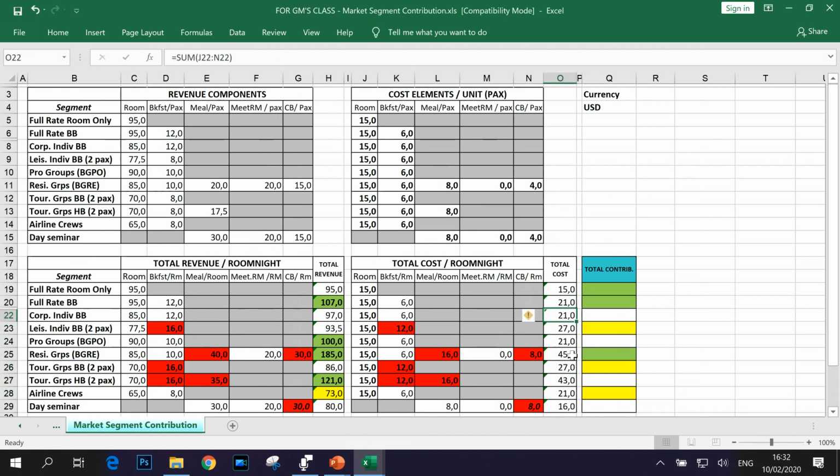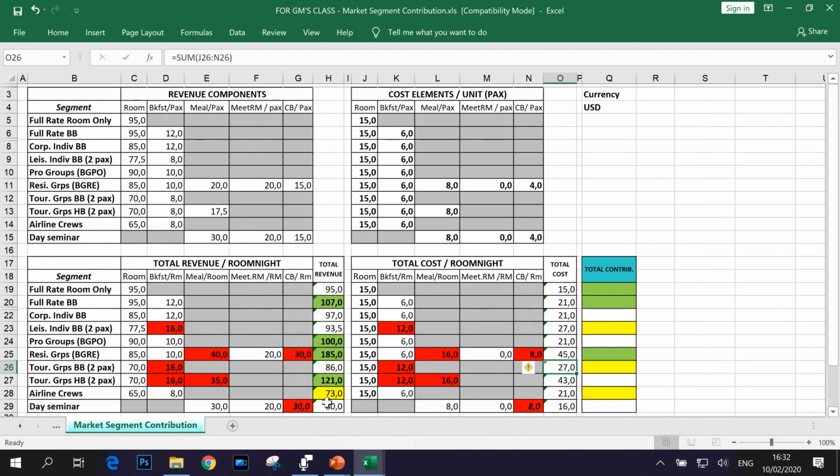You can see the residential group has a very high cost, $45, and this one tour group half board also have a very high cost involved, followed by leisure individual bed and breakfast, and yes, tour group, bed and breakfast as well.